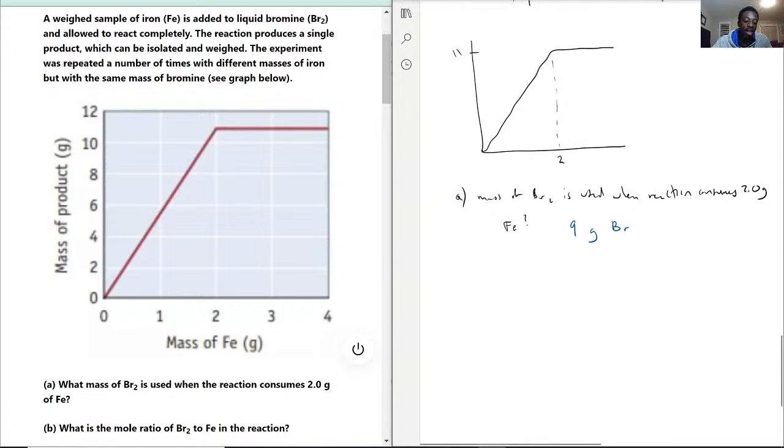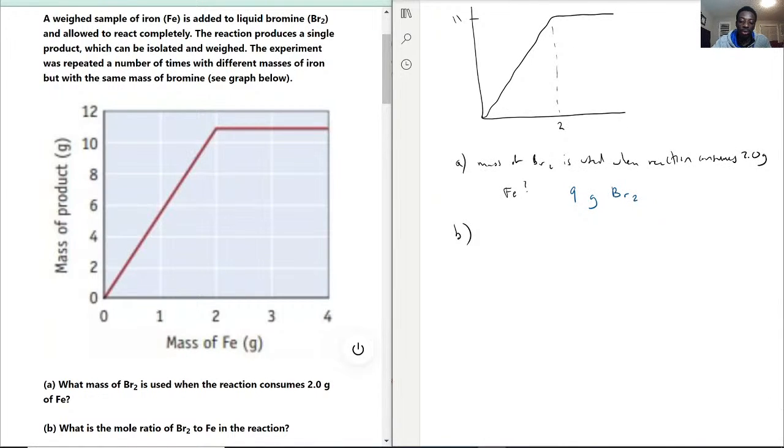Now, what is the mole ratio of bromine to iron in this reaction? We say 9 grams of Br2, and that's important to note, because when we're doing the mole ratio, we have to use Br2 as the molar mass and not just bromine by itself.